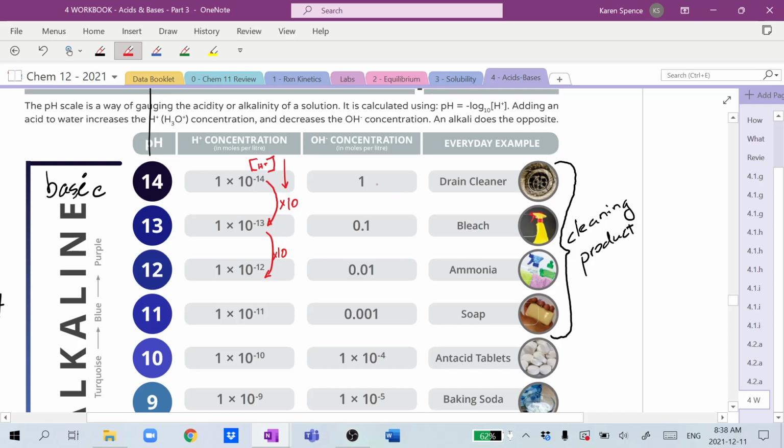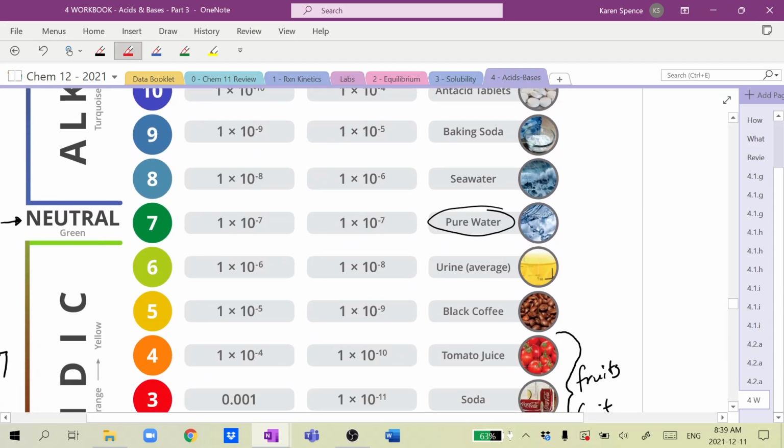As we go down, hydroxide is decreasing by 1/10 every time we go down. And so what we'll end up with then is as a hydrogen ion concentration goes up, the hydroxide ion concentration is going to go down. And when they meet in the middle, oh look, at pH 7, the concentrations are both 1 times 10 to the minus 7.